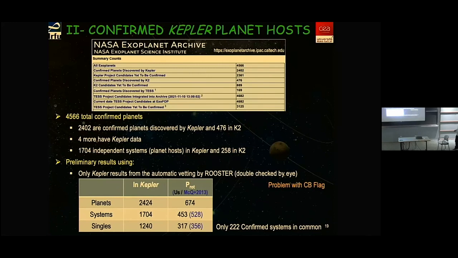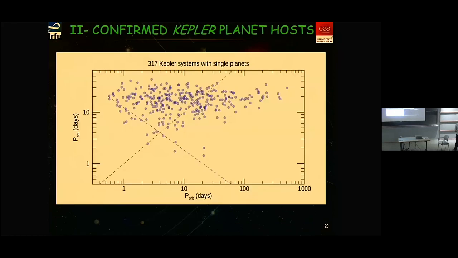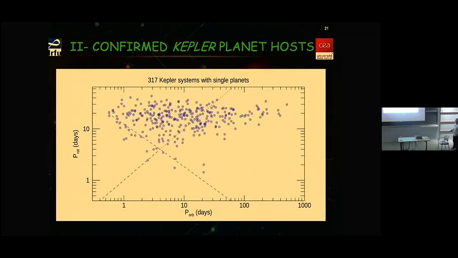From there we have reliable rotation periods for 317, compared to 356 from Aquilon, with only 222 in common. I have checked several of them, and I cannot see those periods, which are mostly stars with a long rotation period. So that's the actual figure of planets that we have.